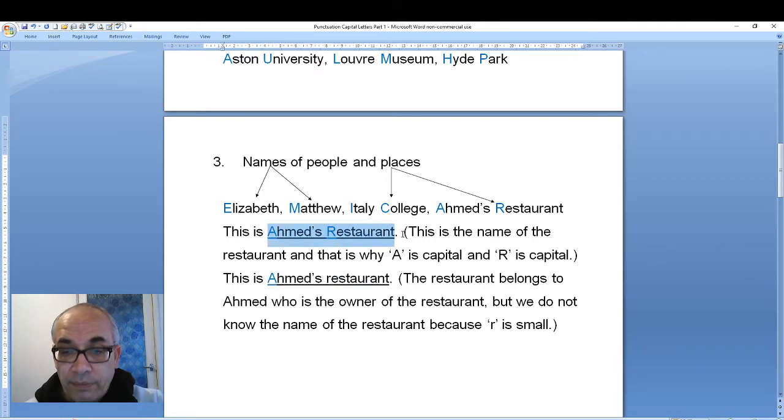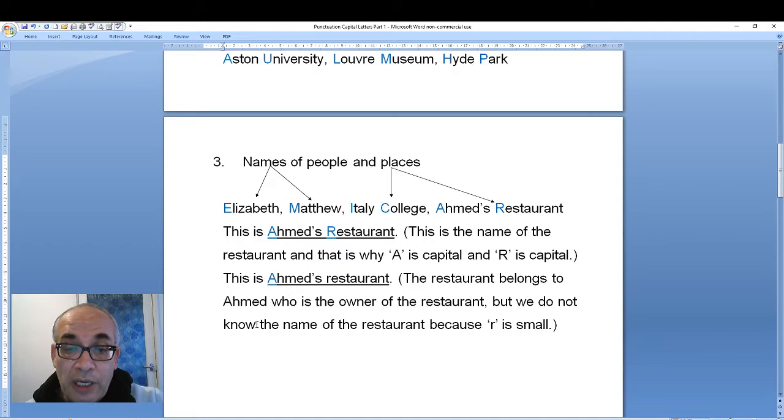This one, this is the name of the restaurant, and that is why A is capital and R is capital. But this one, the restaurant belongs to Ahmed, who is the owner of the restaurant. So the restaurant is for Ahmed in the second sentence.